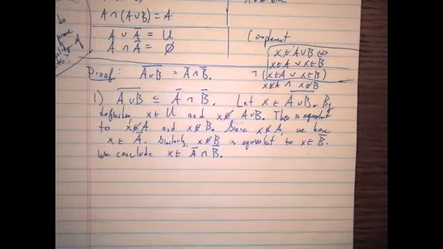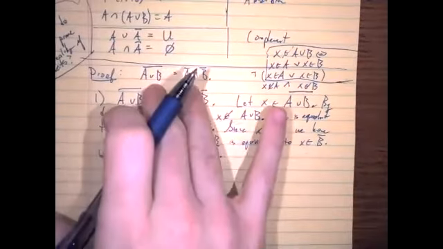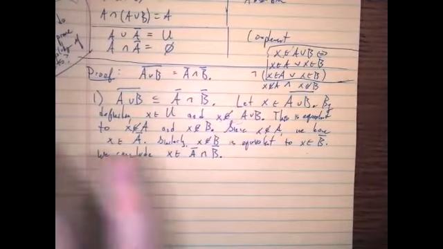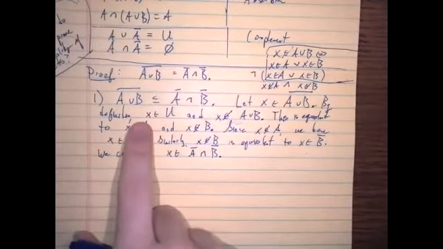How is this proving that they're equal if we're only using X as one element? So there are two things that I want to address. First of all, this doesn't prove that the two sets are equal. This is only half of the story. And the second thing is that I'm not taking X to be just one element.